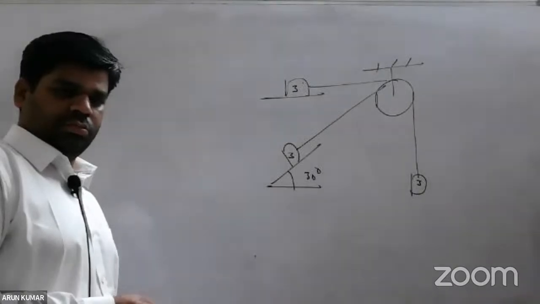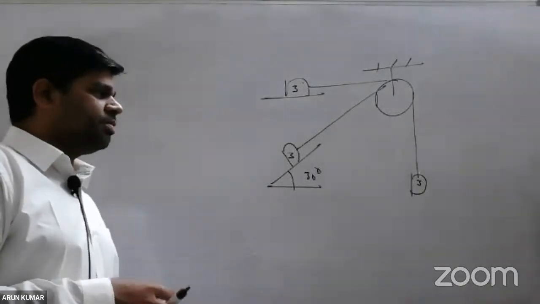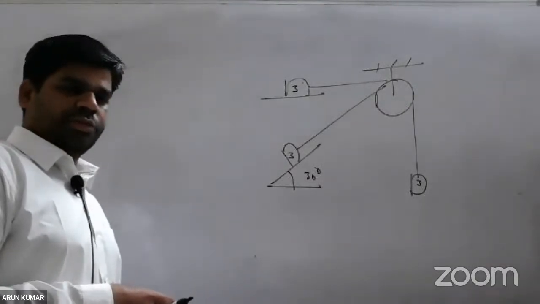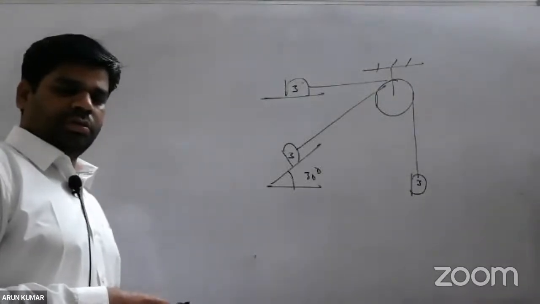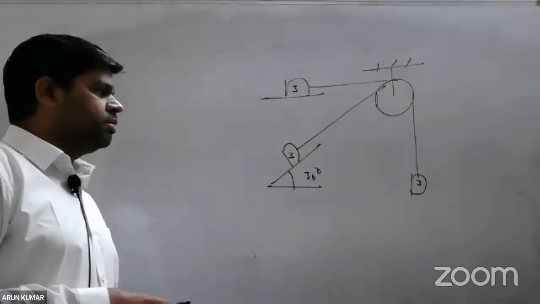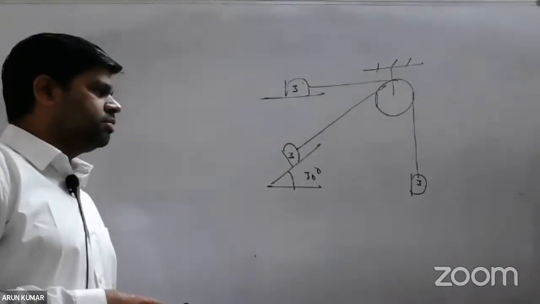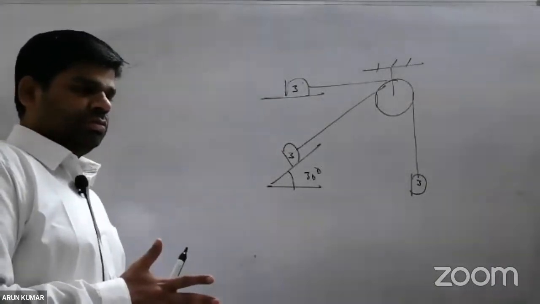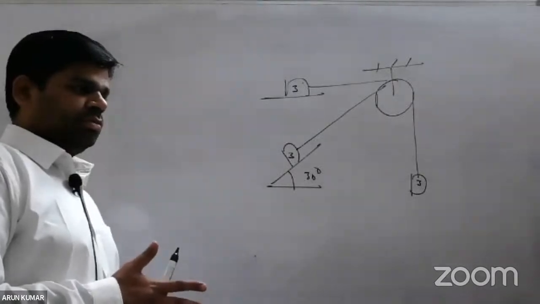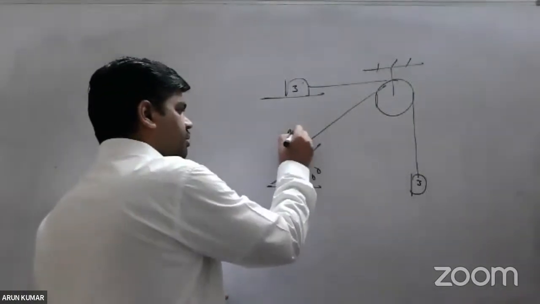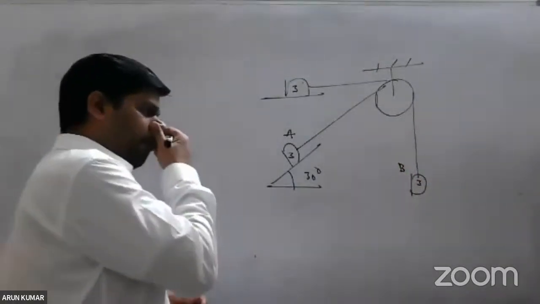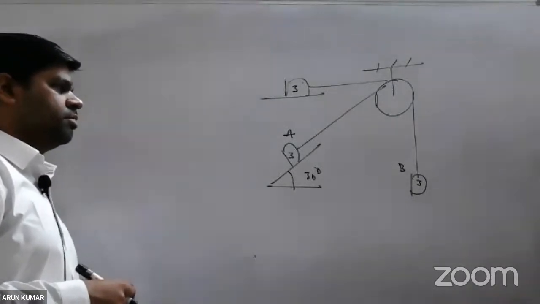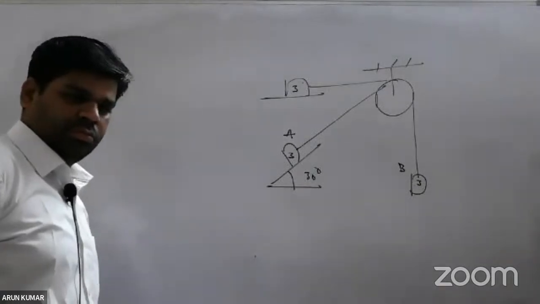So minus 1 by 3. Minus, minus for what? Like it's going upward, downward. I think downward. Which particle is going downward? Acceleration of 3 kg mass, sir. Both are 3 kg. It's A and B. Acceleration of A is 3 by 2, sir.